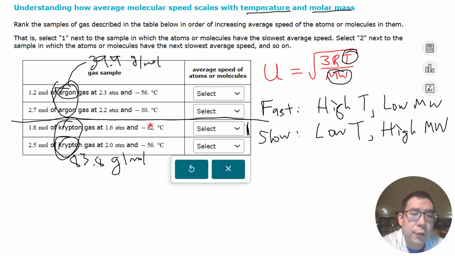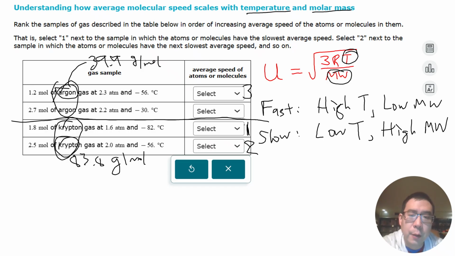Because negative 82, negative 56, as the number gets smaller, the value gets higher. They're going up. Krypton at negative 56 is going to be slower than argon at negative 56, because even though the temperatures are the same, the one with the higher molecular weight is going to be slower. So that's number 2.